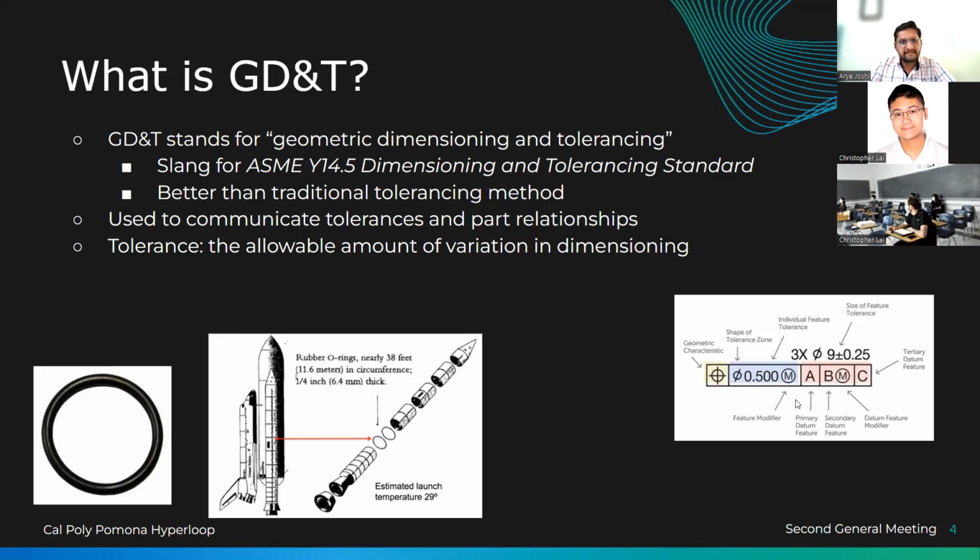But basically, the traditional tolerancing method is that you leave room for tolerance, right? So there's an allowable amount of variation that you're willing to accept in your dimensioning.